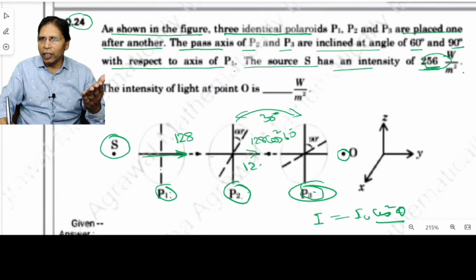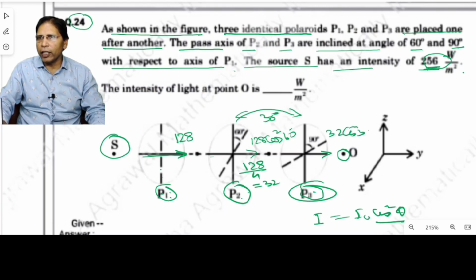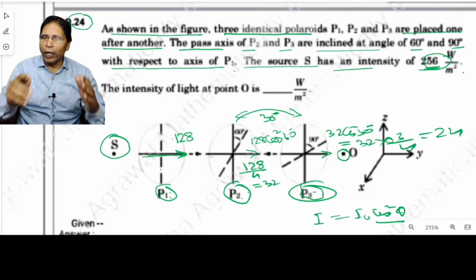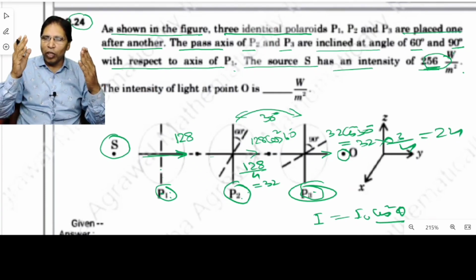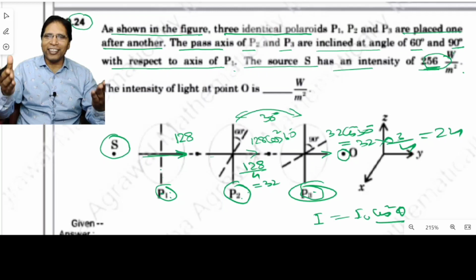So 128 by 4 is 32. After passing through P3, its intensity becomes 32 cos square 30 degree. Now cos square 30 degree is 3 by 4, so 32 into 3 by 4 is 24 watt per meter square. So 24 watt per meter square is the intensity at the point O.